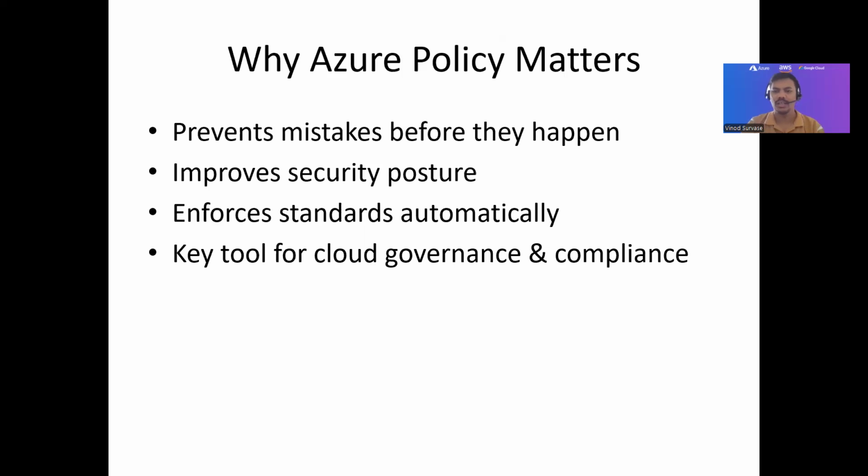That means we are going proactive and not reactive, which is of course going to improve the security posture, enforce standards across the environment automatically, and serve as a key tool for cloud governance and compliance, right? That is why we are going to follow the proactive approach instead of reactive, and that is when we would be able to improve our security posture, meet our security and compliance needs and requirements, and enforce these standards across the organization.